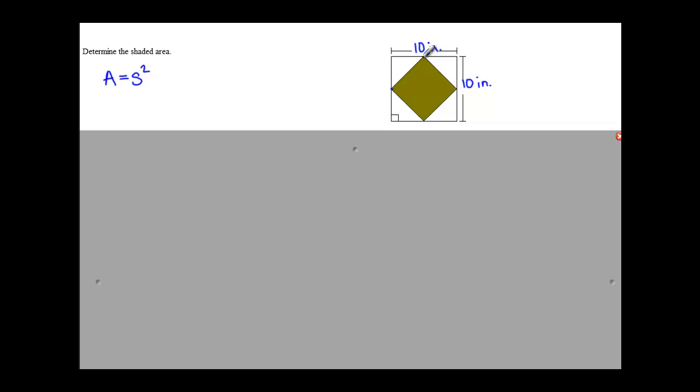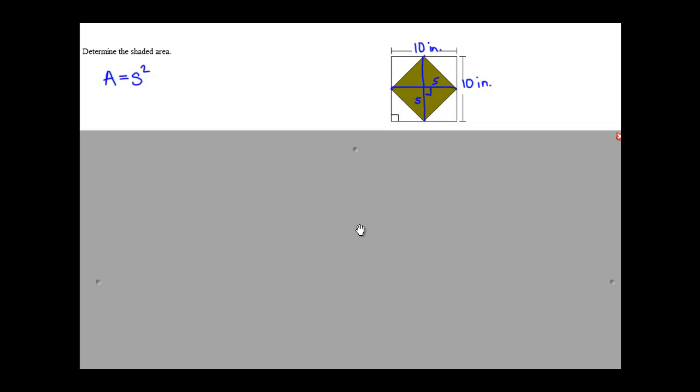But if I know that this is a length of 10, and I know that this also, if I drew along a line there, would be a length of 10, what I've formed are 4 right triangles, and that would make these lengths all 5.